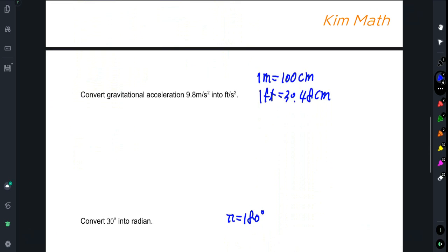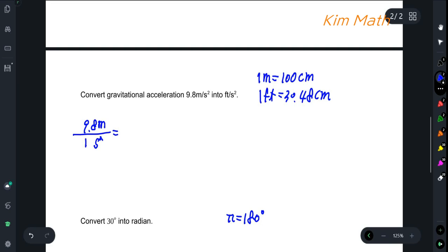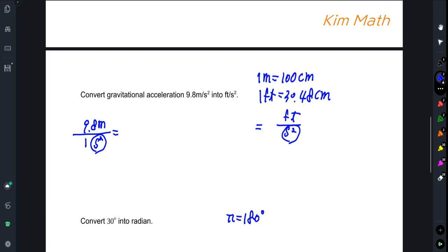Convert the gravitational acceleration 9.8 meters per second squared into feet per second squared. So here, 9.8 meters over 1 second squared equals, and our final answer must have feet here, second squared here. Since we have the same second squared, we don't worry about the time, in this case second, right?